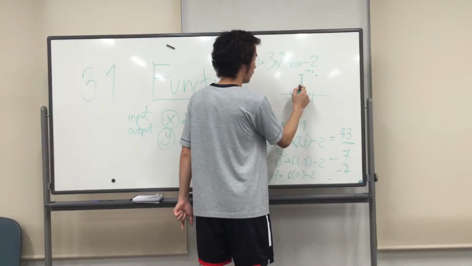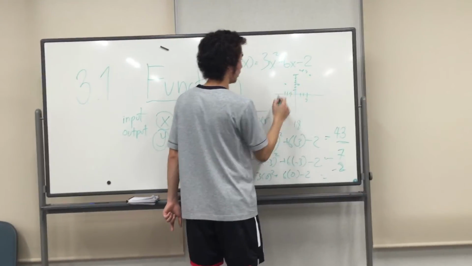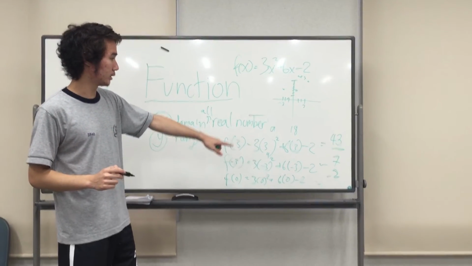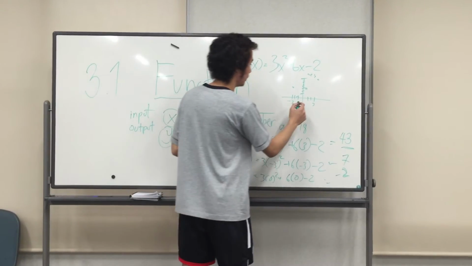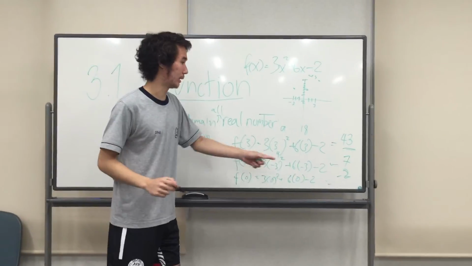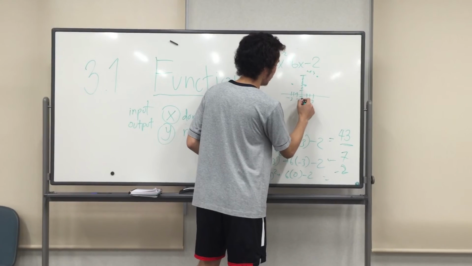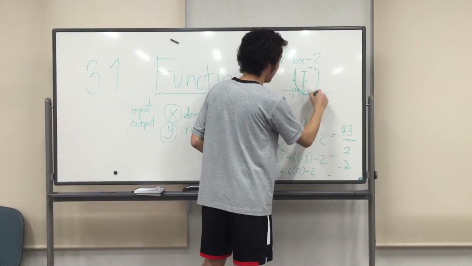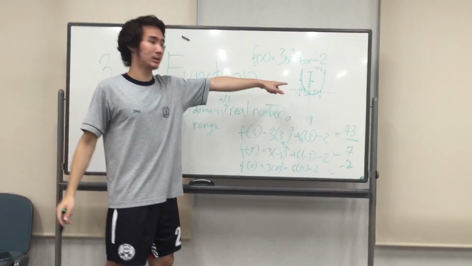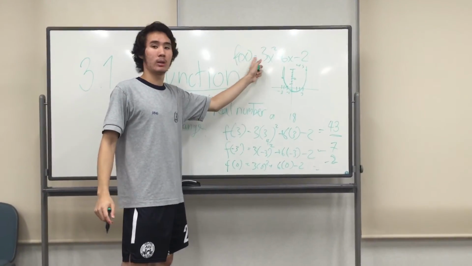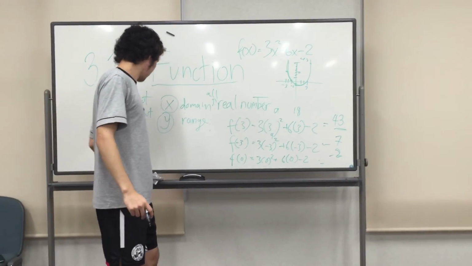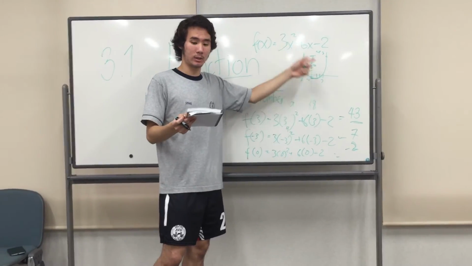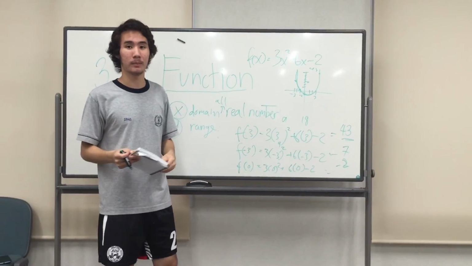For example, this is 7. And then when x is 0, y is minus 2. Why do I know it looks like this? Because this function is a quadratic function, so the graph it produces is going to be a parabolic shape.